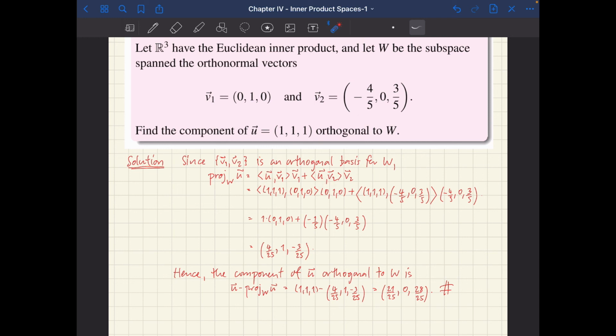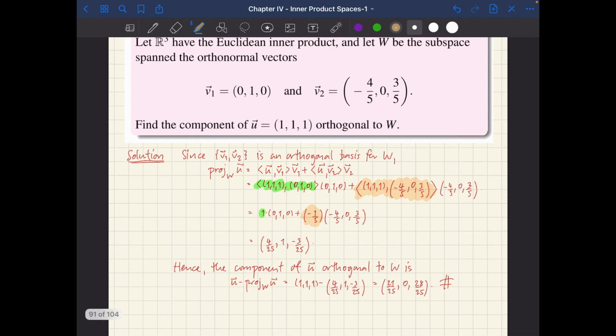We find the inner product of (1, 1, 1) and (0, 1, 0), and this one is equal to 1. Next we find the inner product of (1, 1, 1) and (-4/5, 0, 3/5), and we obtain minus 1/5. We calculate this to obtain the vector (4/25, 1, -3/25).